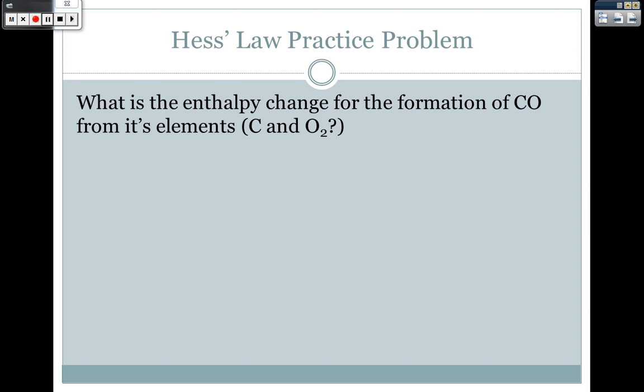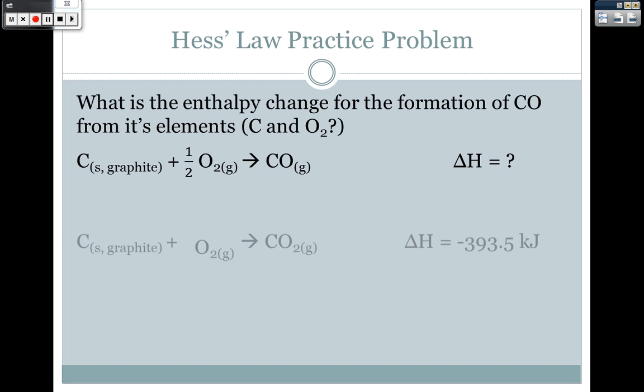I would love to do another practice problem with you guys. So, let's look at what is the enthalpy change for the formation of carbon monoxide from its elements carbon and oxygen. So we're trying to look at carbon graphite plus a half O2 making CO. Okay, so that's our base equation. We're trying to find the enthalpy change of that reaction.